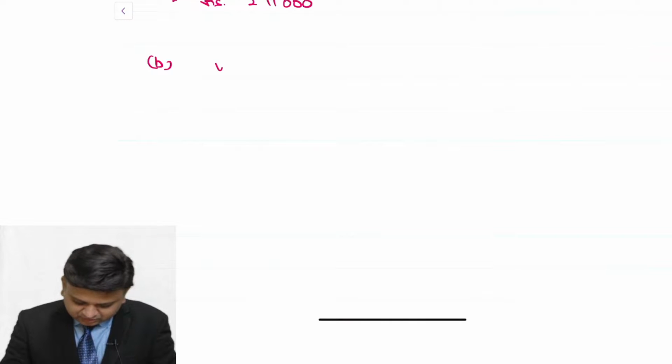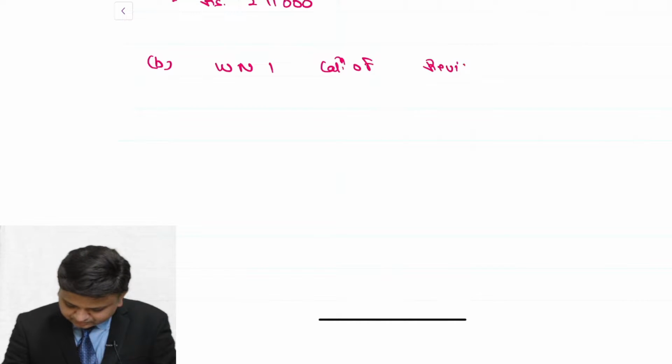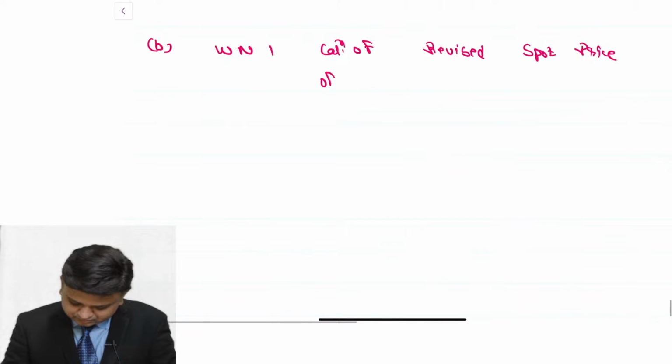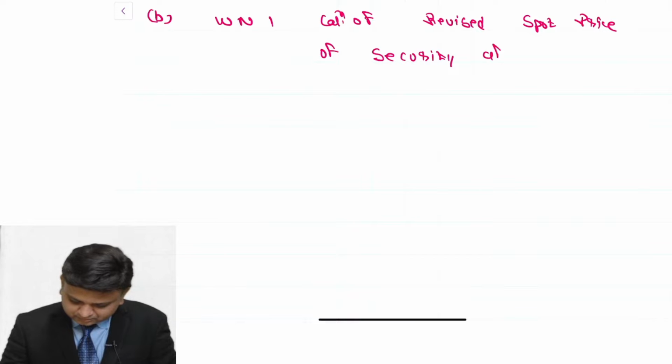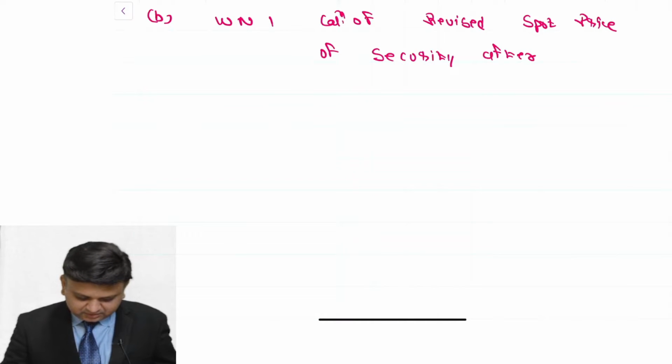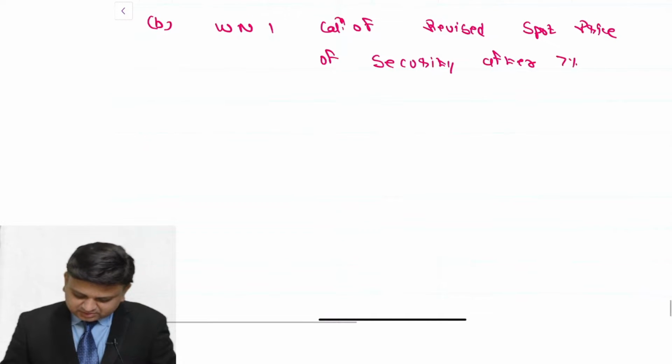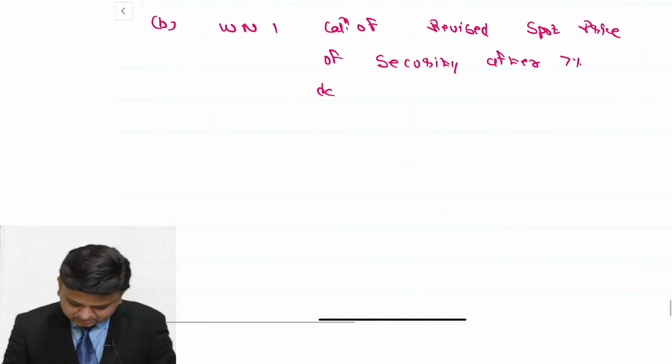In that, write down working note number 1, calculation of revised spot price of security after 7% decline in value.